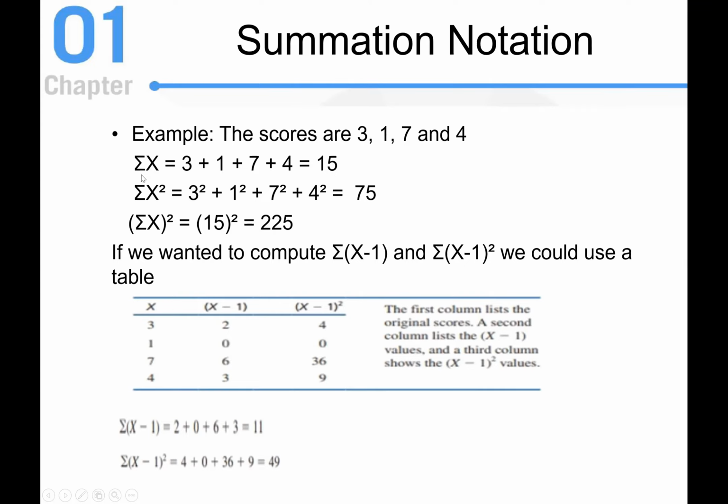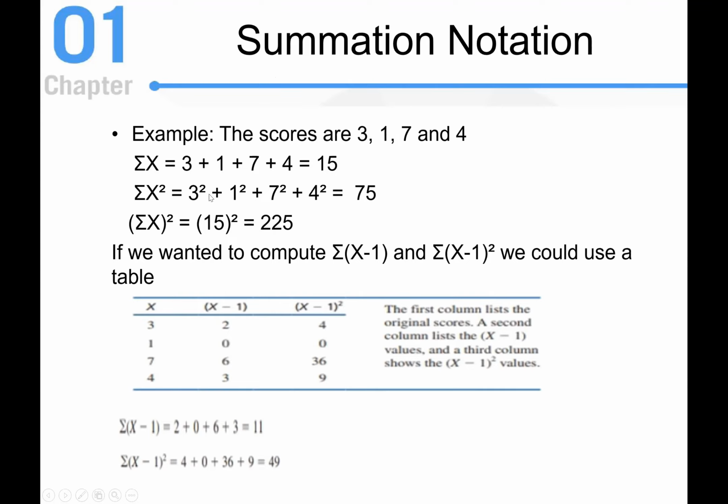Let's say we have sigma X squared, right? That's how you should read it, because what this is saying is that if we're following PEMDAS, right, the first thing we're doing is we're going to take each score and square it. So we're taking the same scores of 3, 1, 7, and 4, right?